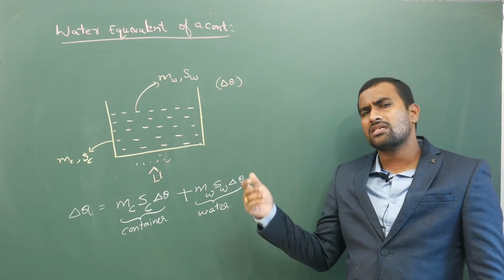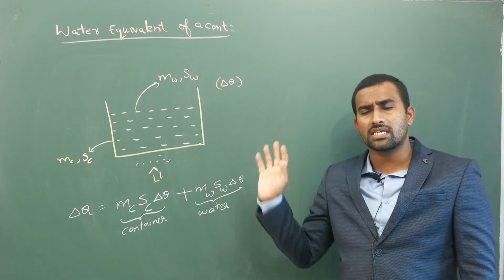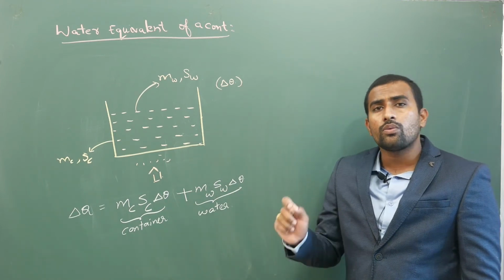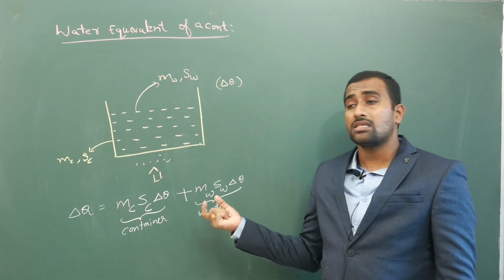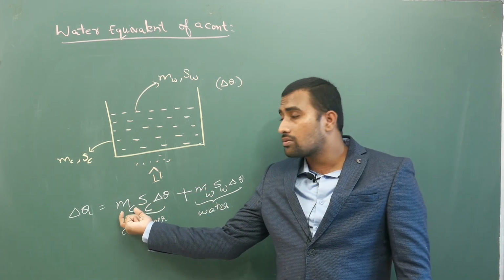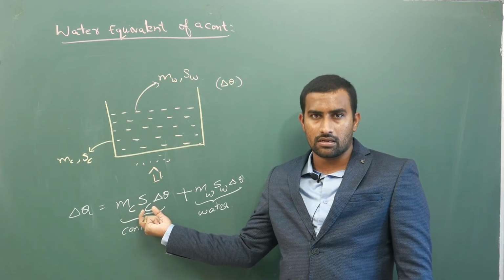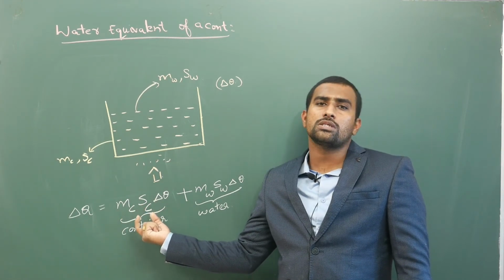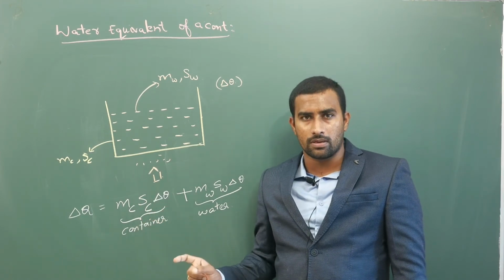Now let us say you are doing the principle of calorimetry experiment or some big experiment. When you do big experiments, every time you have to consider mass of container into specific heat of container.